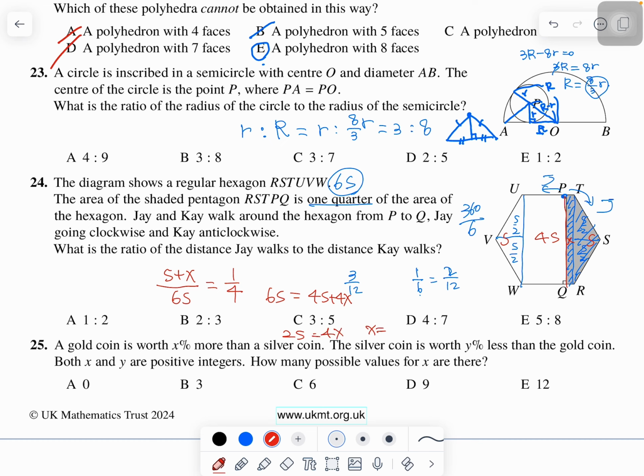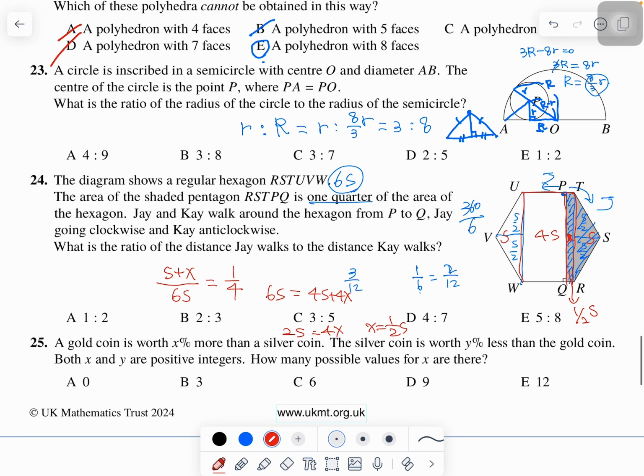So x equals 1/4 of S. Right? So this is 1/4 of S. But this all together is 4S, and this is just 1/4 of S.